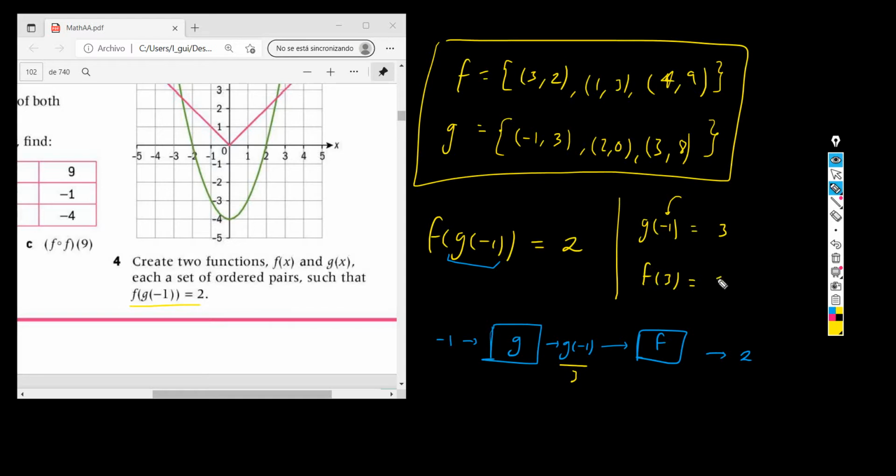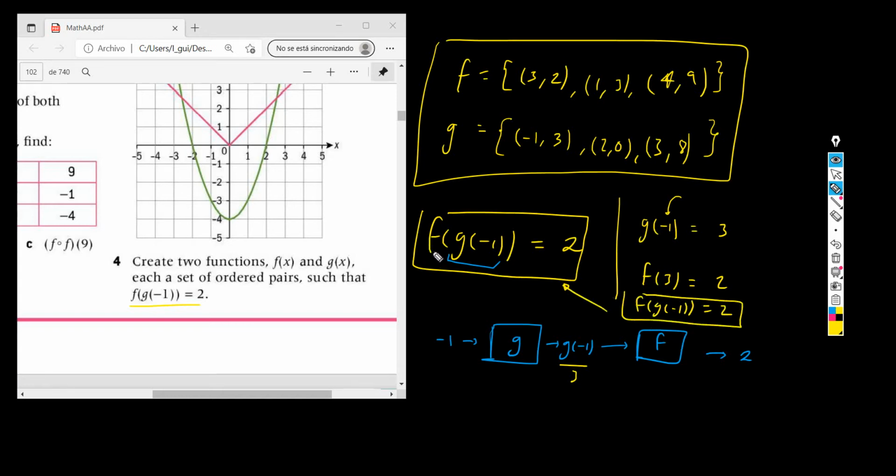It's giving me 2. So that's it. I have actually complied with this, right? If 3 is equal to g of -1, then I can change this for f of g of -1, and that's equal to 2. And this is actually the requirement that they asked me in the first place. f of g of -1 should be 2. So there it is. Okay, guys, you need to understand this.